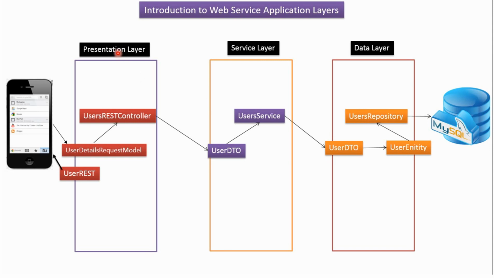Presentation layer is responsible for getting details from the client, service layer is where all the business related logic we have to write, and data layer is responsible for saving or retrieving data from the database.